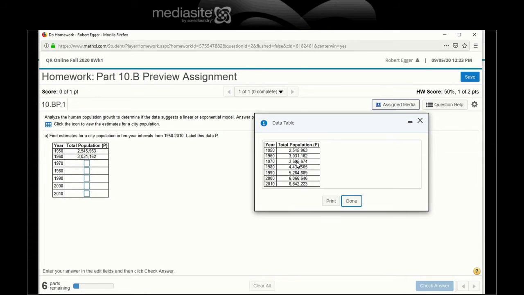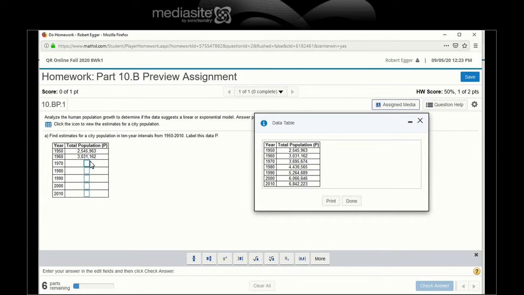Okay, this is pretty lame. They just want us basically to recopy the data off that chart. I can do that. 3,031,162. 1960, 3,695,674. 1980, 4,430,565.